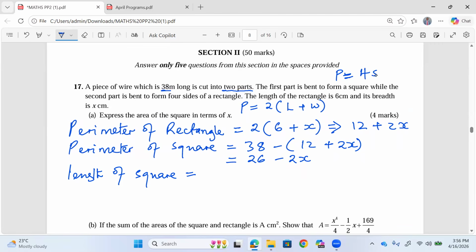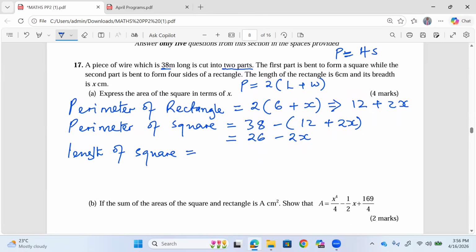So 4 times the side will give us perimeter. So for us to get the length, we divide the perimeter by 4. We divide this by 4. And this becomes 13 over 2 minus 1 over 2 x. So this is the length of one side of the square.